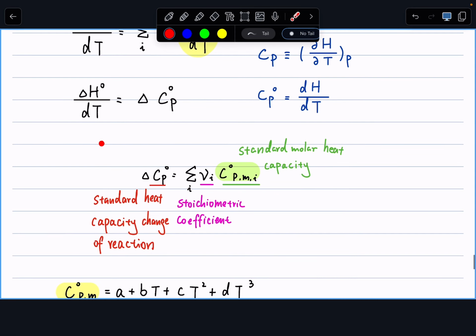Or effectively, we can write our standard heat capacity change of the reaction. So this is the delta Cp naught, the standard heat capacity change of the reaction. This is equal to the sum of the stoichiometric coefficient times each standard molar heat capacity.